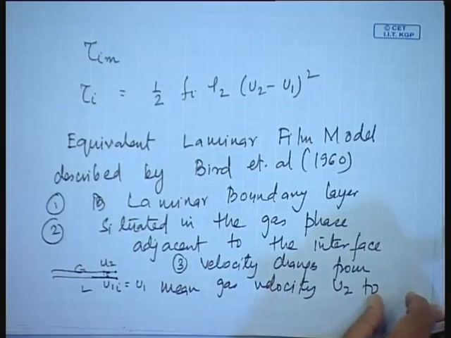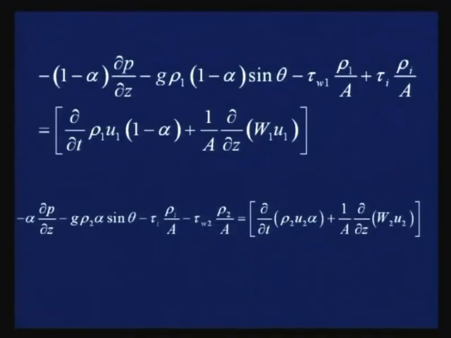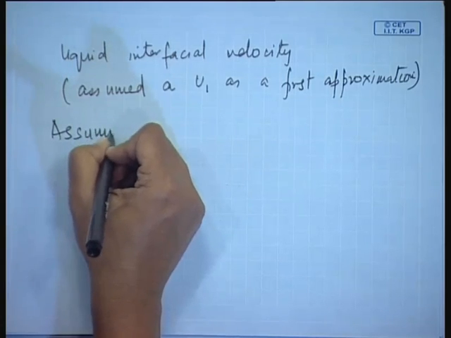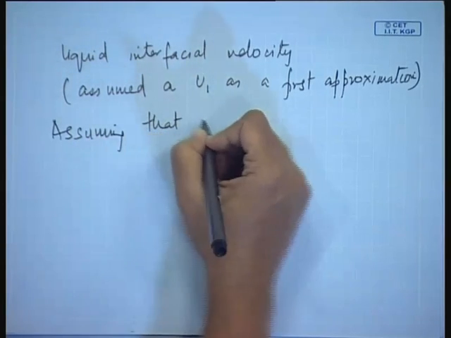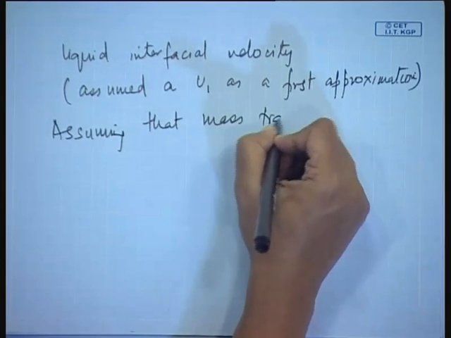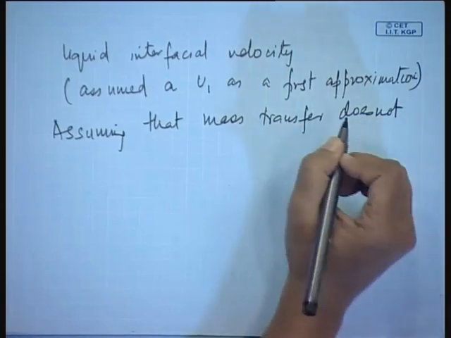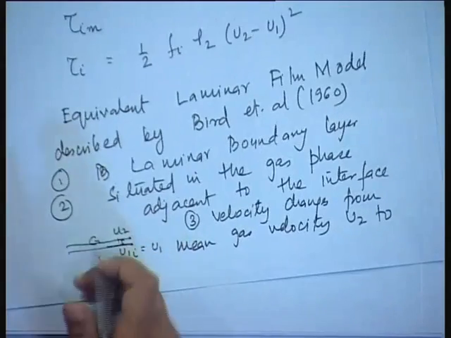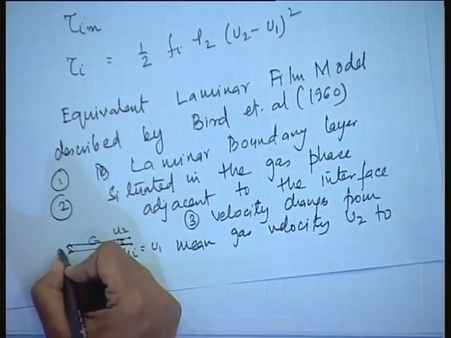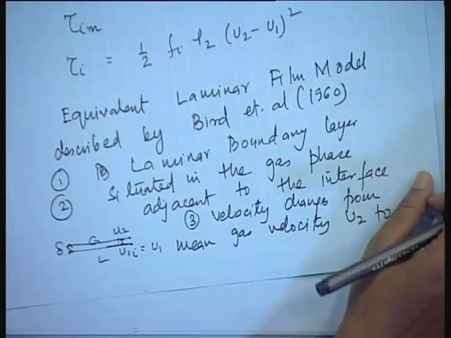And on this particular basis, we assume that mass transfer does not change the thickness of this boundary layer, that means this thickness delta is not much affected due to mass transfer.